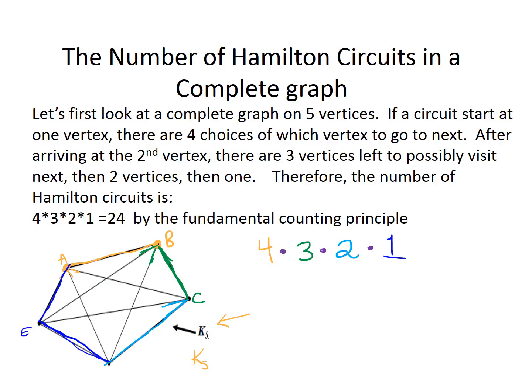If you had 4 shirts and 3 pairs of pants, you would do 4 times 3 is 12. So here, if you have 4 possibilities and 3 possibilities and 2, you would multiply them together. And that is listed right here. That asterisk there means multiplication. So the number of Hamilton circuits is 4 times 3 times 2 times 1, which is 24 Hamilton circuits.